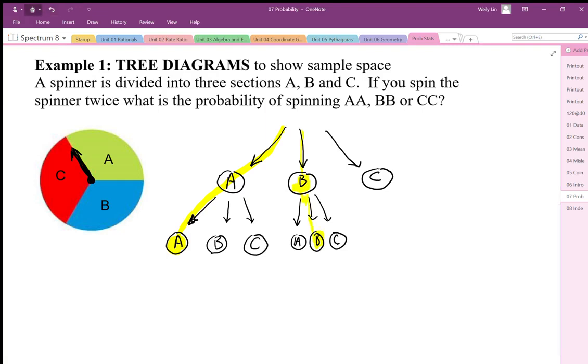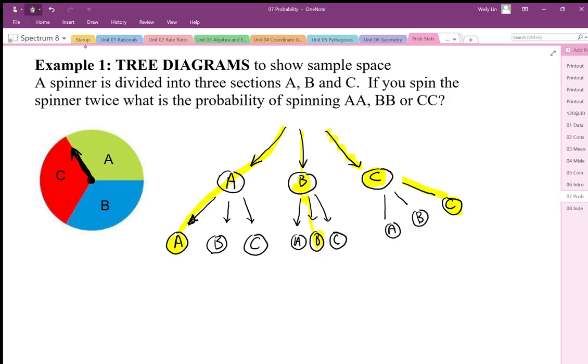And if I got C the first time, I'm going to get three new possibilities, A, B, and C. And there's that other one that we're looking for. So we have three events that we're looking for. This is what we call our sample space. It draws out all the possibilities.